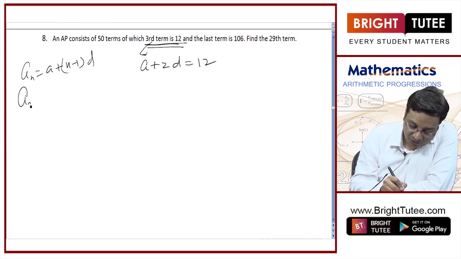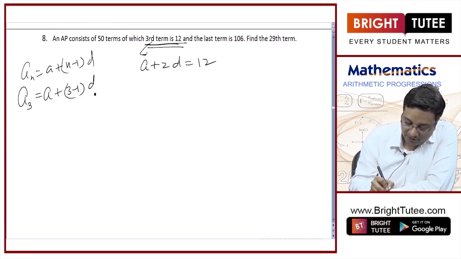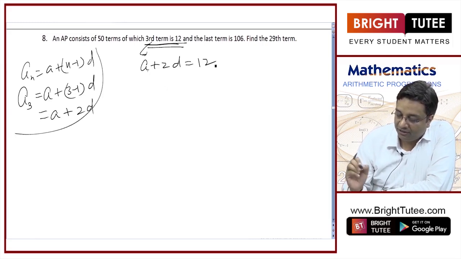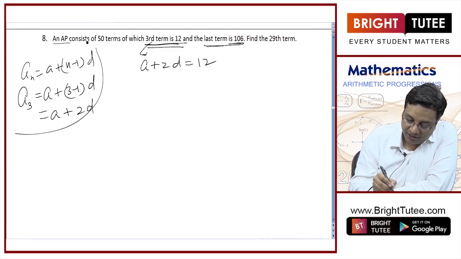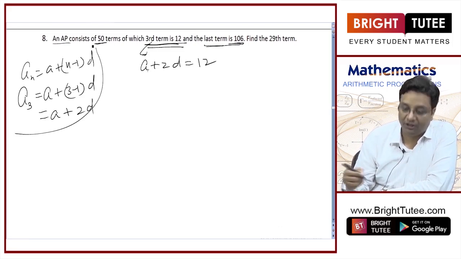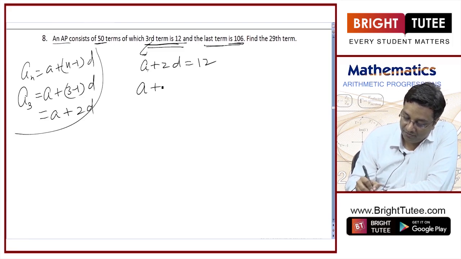If I want to write third term A3, I'll just put n equal to 3, so it will become 3 minus 1 into D, so it will become A plus 2D, right?